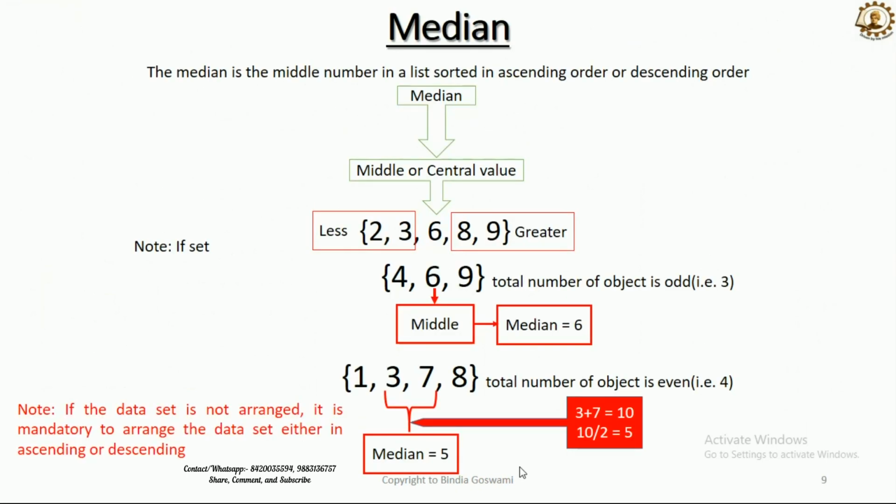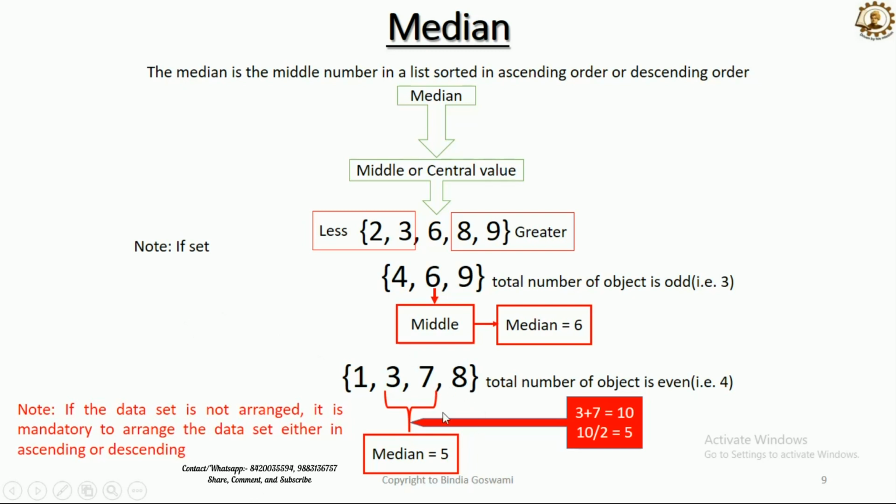Next, median. Now the next point, which is median. Median is the mid value or central value of an ascending or descending series. Let a set have 4, 6 or 8 elements, like 1, 3, 7, 8.